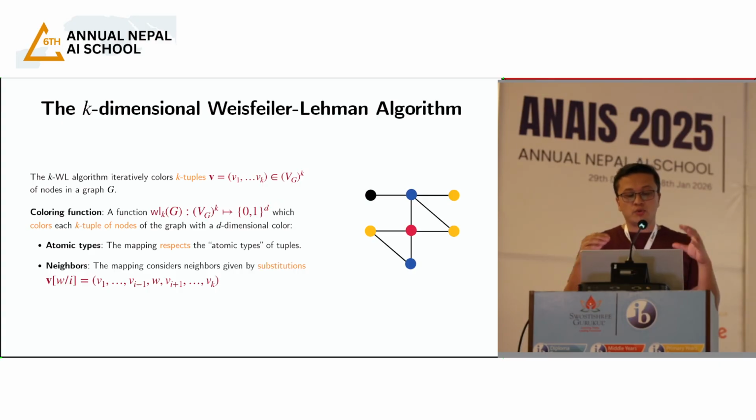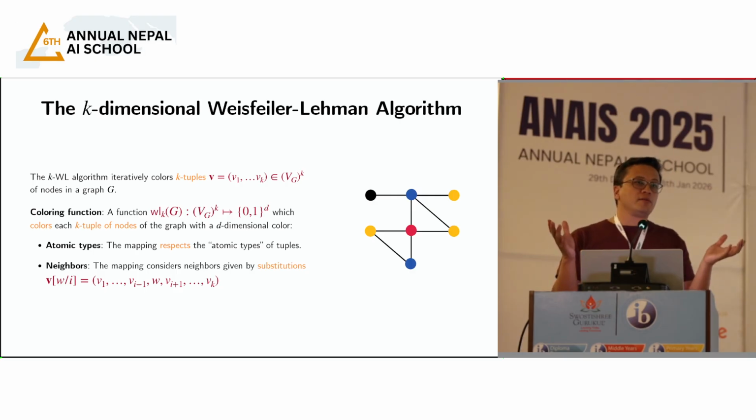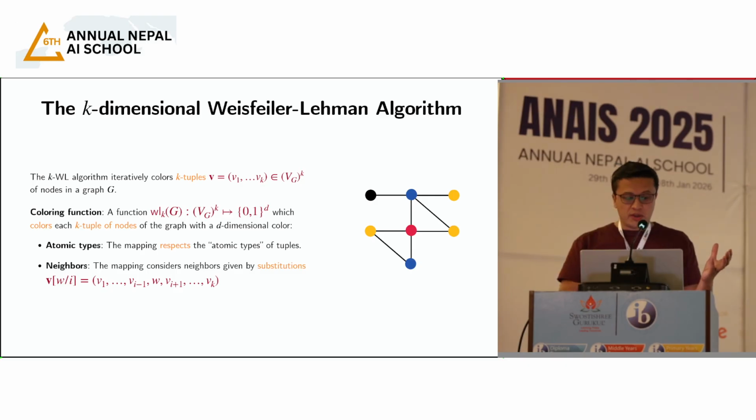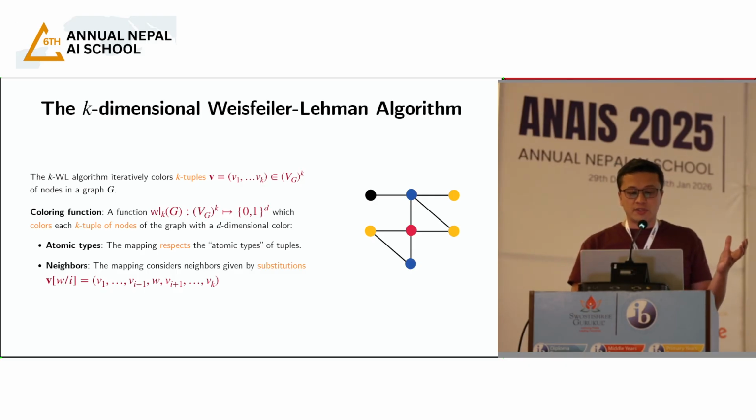And then when we want to do updates, we need this notion of neighborhoods. But now that we are not talking about single nodes anymore, but k-tuples of nodes, what's the notion of neighborhood? So if I'm looking at a k-tuple, which is given by this v here, I know that it consists of v1 to vk, k nodes. I corrupt it with respect to one position, let's say in this case the ith position, that's shown at the end of this slide. And this is considered to be a neighbor.